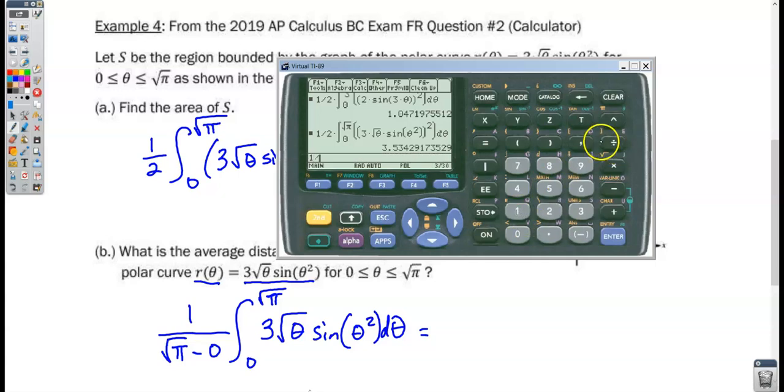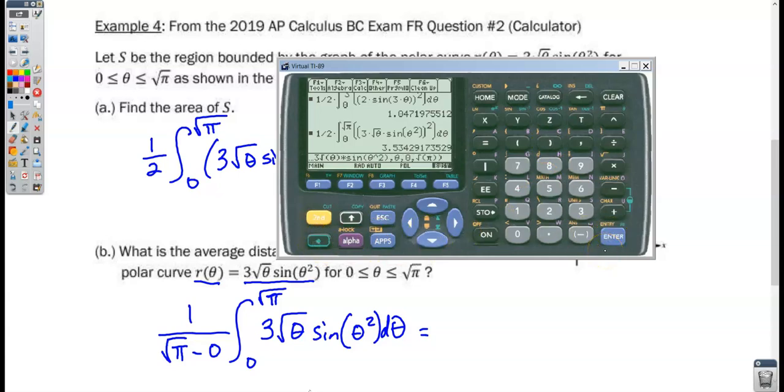So we've got 1 over square root of pi times the integral of 3 square root of theta times sine of theta squared with respect to theta from 0 to square root of pi.